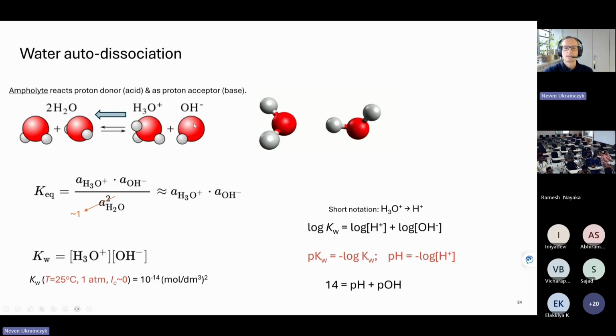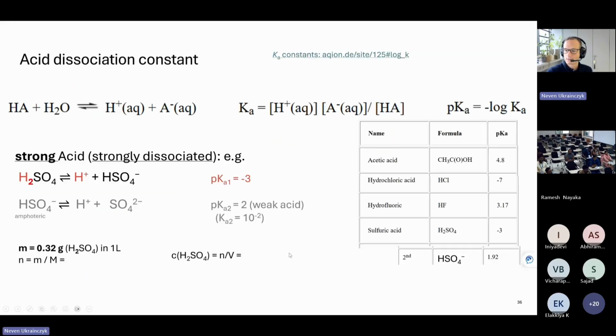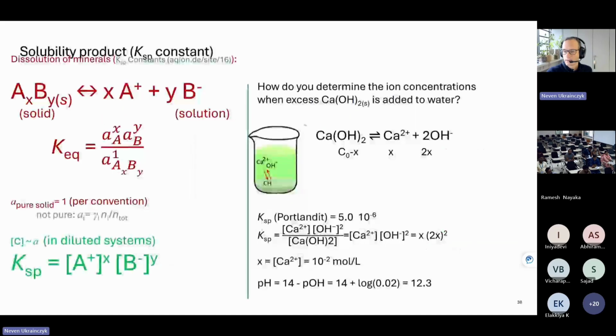But you are not decreasing until you reach the initial OH value. You are also changing the pH. So just remember, the solubility is defined by the solubility product, which is the multiplication of all the ions of, for example, a solid. So the solubility product for calcium hydroxide, I don't know, I have it later.